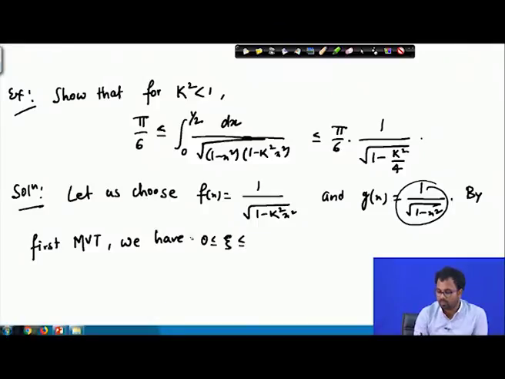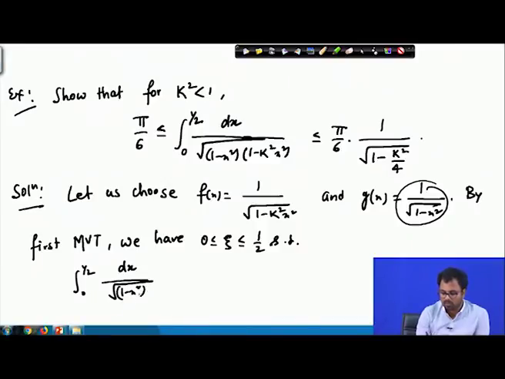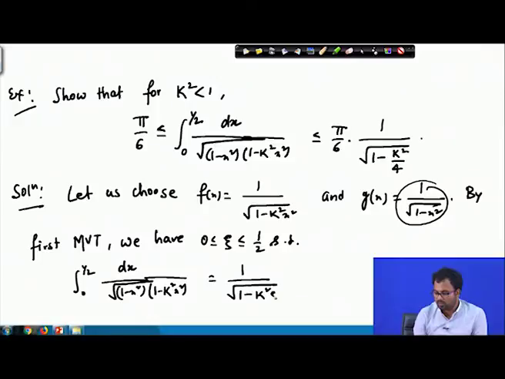a xi between 0 to half such that the integral from 0 to half dx divided by square root of 1 minus x square times 1 minus k square x square is equal to f of xi times the integral from 0 to half dx by square root of 1 minus x square. So f of xi is basically 1 by square root of 1 minus k square xi square.